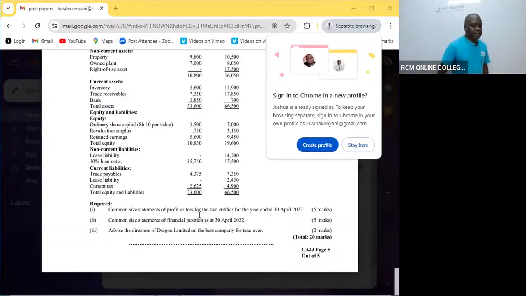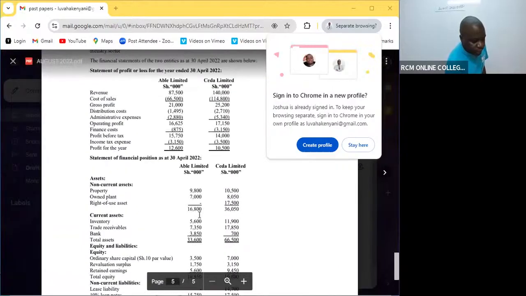So a common size statement with regard to vertical analysis will show how performance is occurring in these entities with regard to the base, which is the sales, and of course with regard to the total assets, total current liabilities and equity.